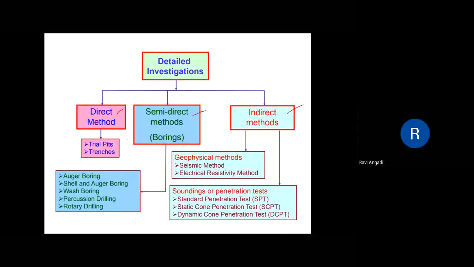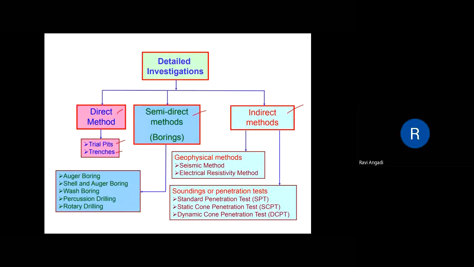First is the direct method, in which an open excavation is made to inspect the substrata. It is generally done in the form of trial pits or trenches on site.